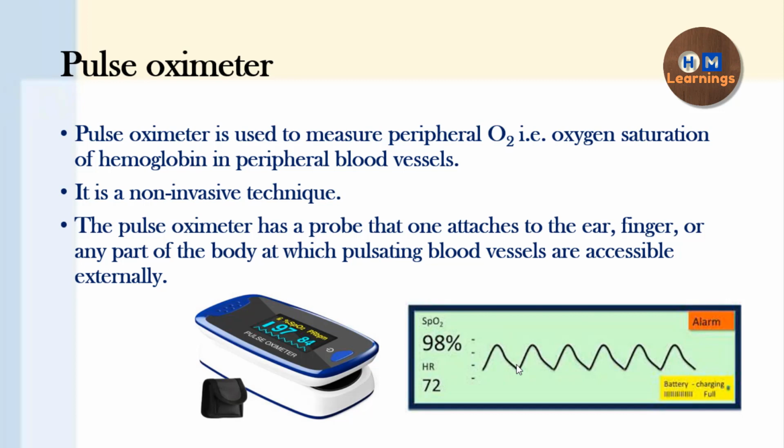During the systole, the ventricle pumps the blood, so the blood volume increases in the arteries. But during the diastole, the ventricle relaxes, so the blood volume decreases in the arteries, and that is shown only in the arterial compartment of the blood vessels, not in the veins and not in the capillaries. So this is the pulse waveform which is shown in the pulse oximeter.